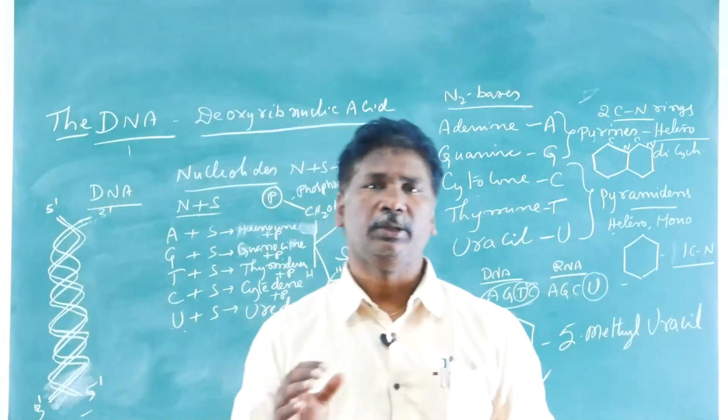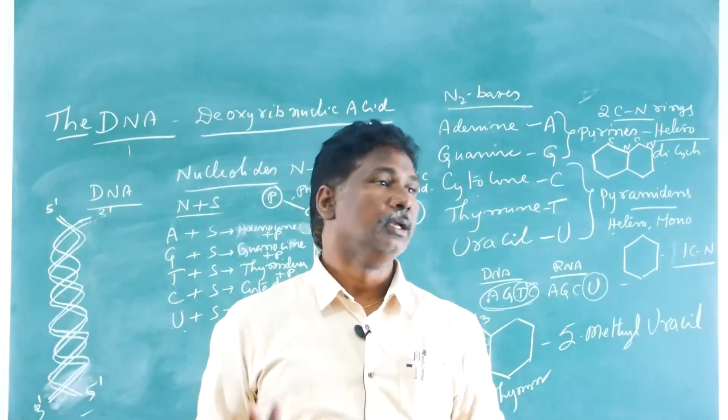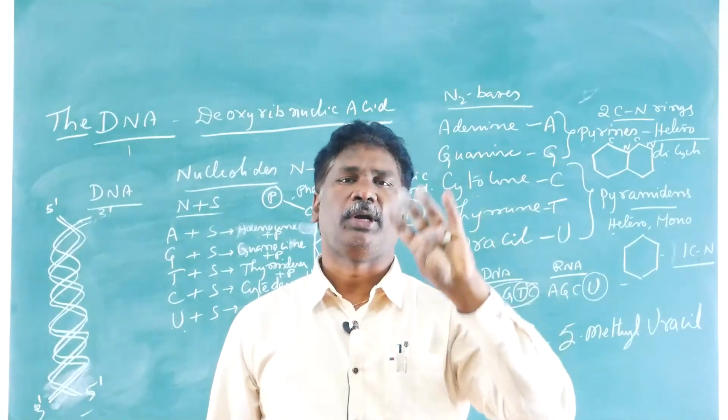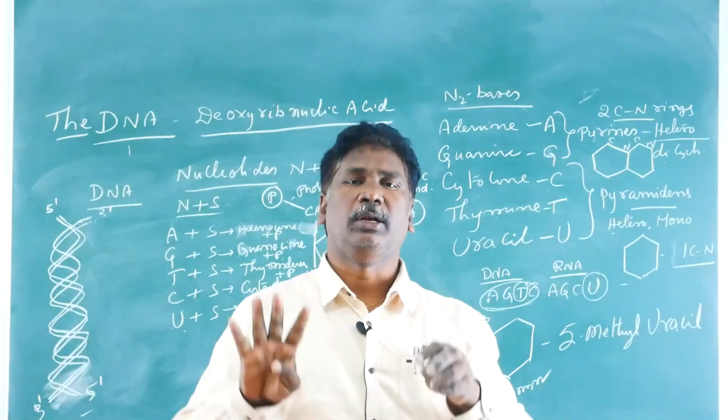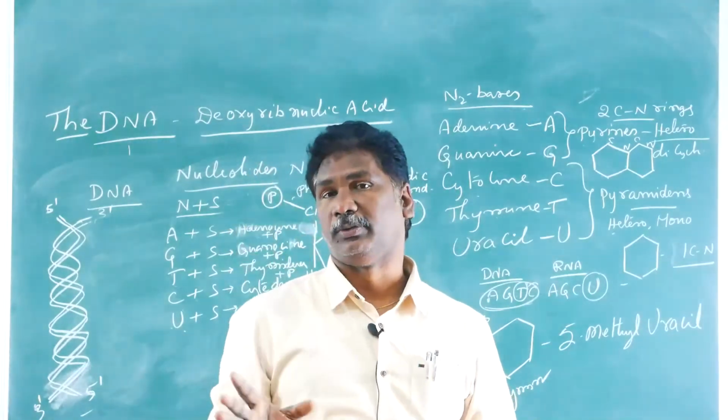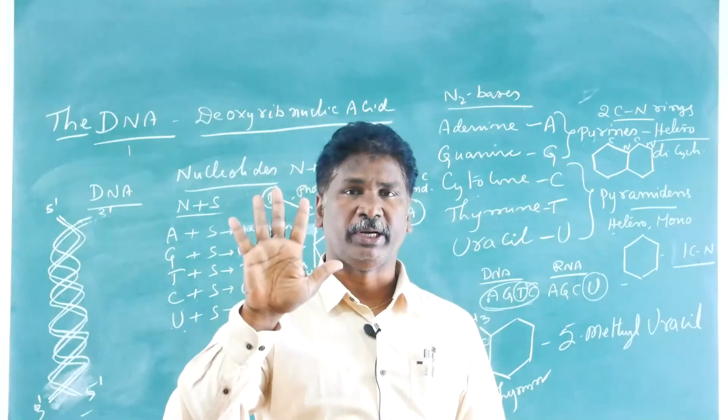All are called nucleotides. In DNA there are 4 types of nucleotides, and in RNA 4 types of nucleotides, so in total 8 types of nucleotides. But remember that nitrogen bases are only 5 types.